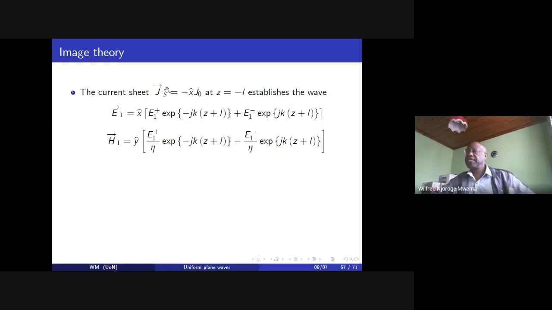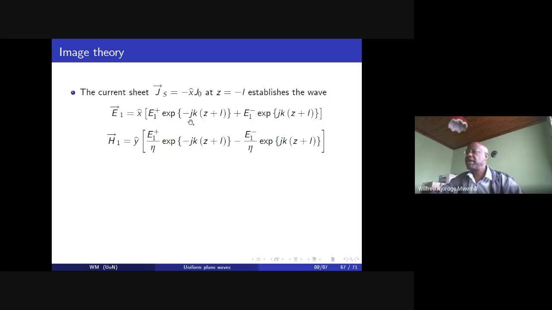So the current sheet, Js, is going to be given by minus x J naught at Z equal to minus L, which will establish a wave that we are going to call E1. One will be continuing in the negative Z direction, and another one will be propagating in the positive Z direction, and it will have to move L first before it gets to Z equal to 0.